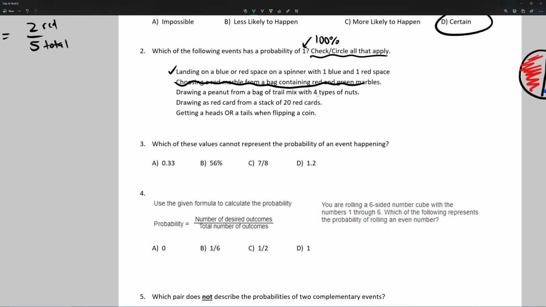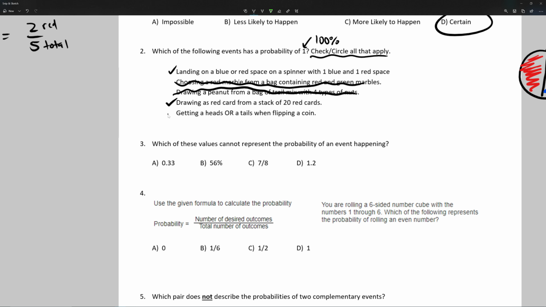Drawing a peanut from a bag with 4 types of nuts. Well, again, there are other nuts in there, and so you might get an almond or something, or a cashew, which is objectively the best nut. Drawing a red card from a stack of 20 red cards. Well, yeah, if there are only red cards, then obviously you're going to draw a red card, right? It's certain.